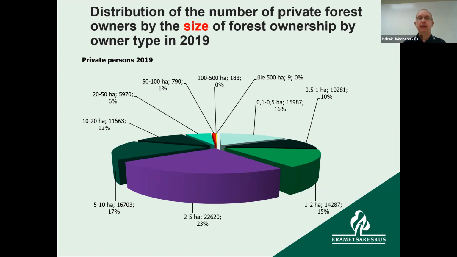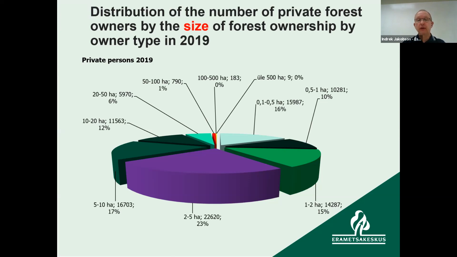It means an average forest ownership is quite small. And we see the second place is even smaller. And up to 100 hectares, it's only 1%, and more, even less. So like in a lot of European countries, Estonian average forest ownership is quite small.